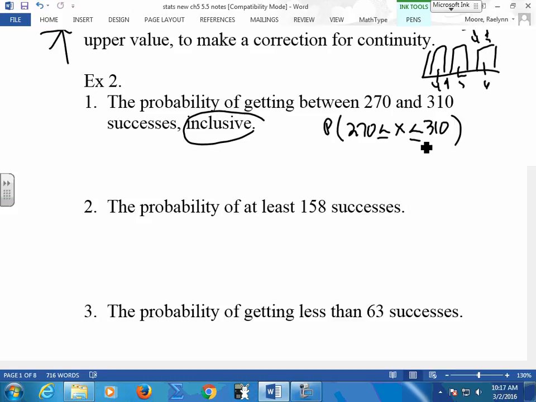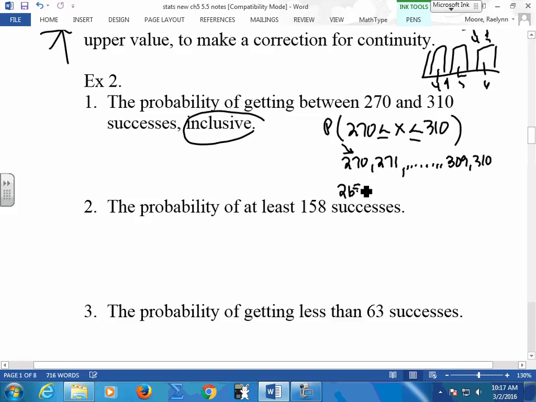Now, here's how you do this. Here's your start, 270, 271, dot, dot, dot, 309, 310, and I end. So my rule says, take the lower number and subtract 0.5. So if I subtract 0.5 from this number, what do I get? 269.5, okay?